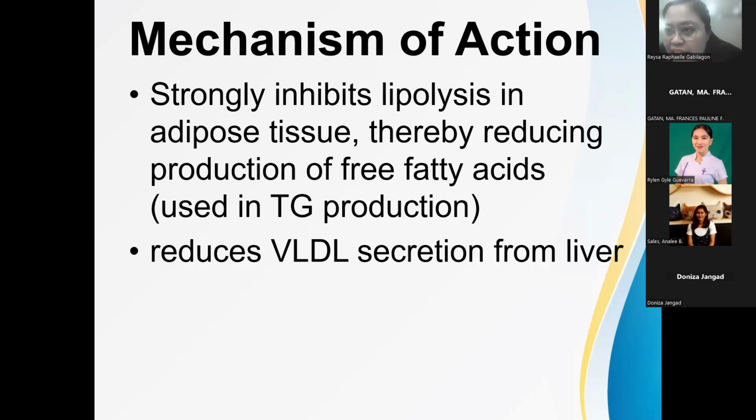Pag na-break down kasi si fats, magre-release yan siya ng fatty acids. Tapos pag si fatty acids na-release, pwede siyang gamitin to make more of the triglycerides, which makikita siya sa blood. So kapag tinest yung blood ng patient, mataas yung triglyceride levels niya. And meron yan siyang mga corresponding effect in the body.